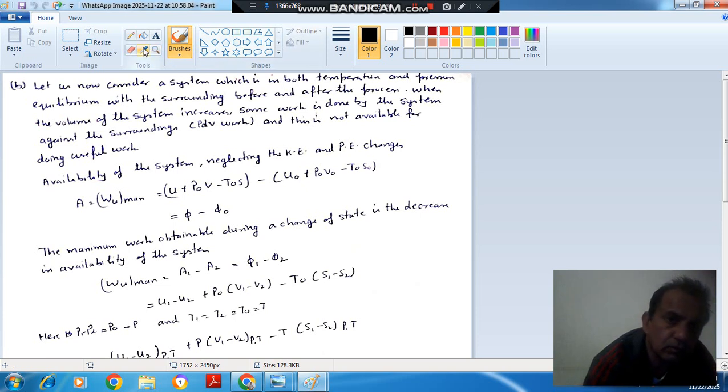Now to study this, because the system is in pressure equilibrium with the surrounding, there will be some PdV work. So to get the expression for work done or useful work done, we have to subtract this PdV work also. So then the availability of the system will be given by this, or maximum useful work that can be obtained is given by this expression, change in availability function.